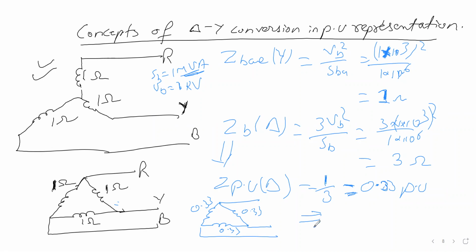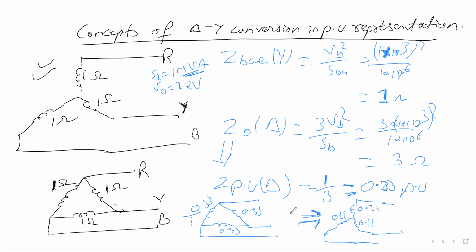And if we convert this into the form of actual, in how we were calculating in actual, what we were doing is dividing by 3. So if we convert this into this form, it will be 0.11, 0.11, 0.11, if we follow the actual terminology.